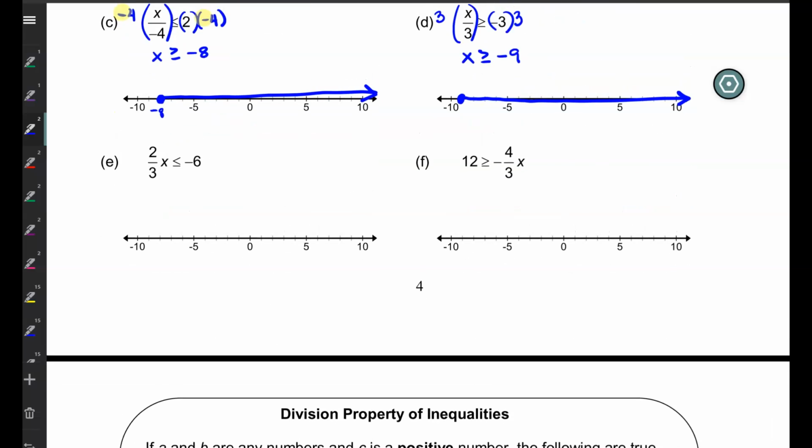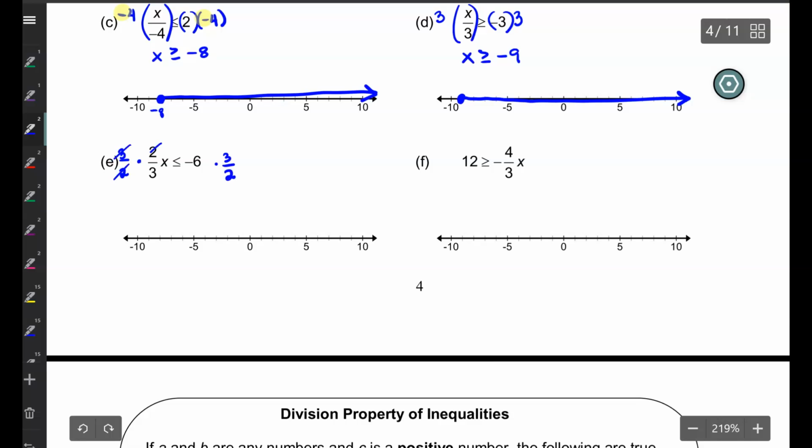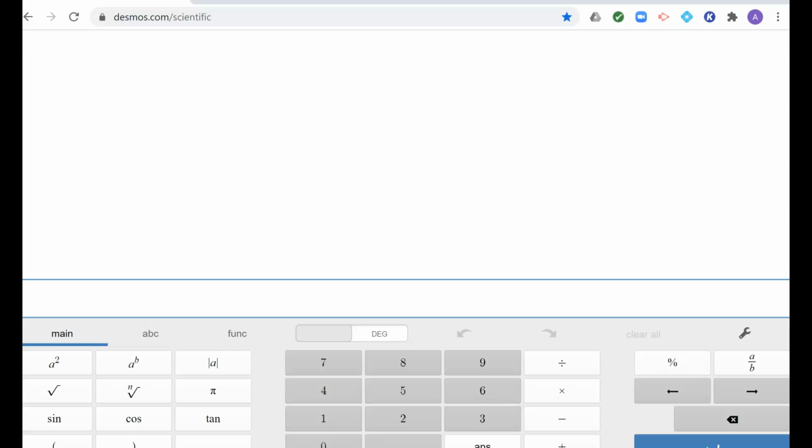For E, I have 2/3 x is less than or equal to -6. So in order to cancel that 2/3, I'm going to multiply both sides by 3/2. So that's going to cancel everything except for the x. Less than or equal to. Keep in mind, if you're not good with fractions, we have a -6.